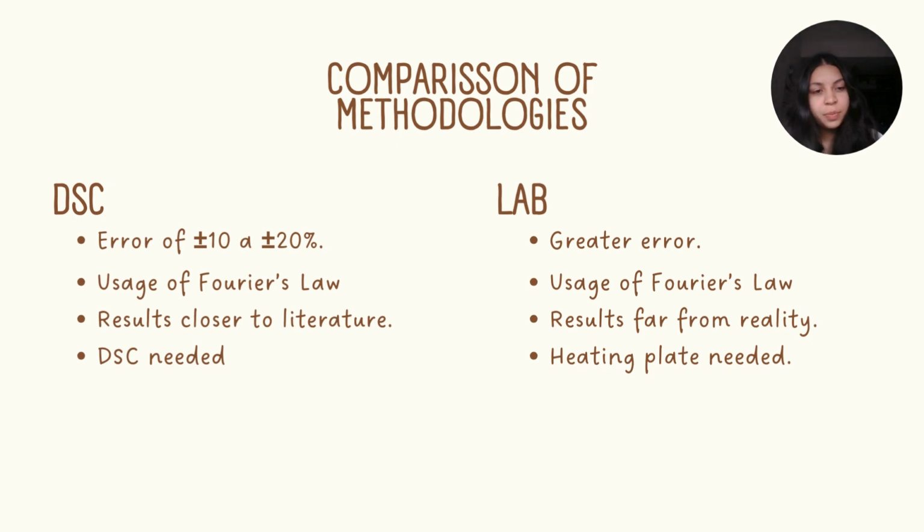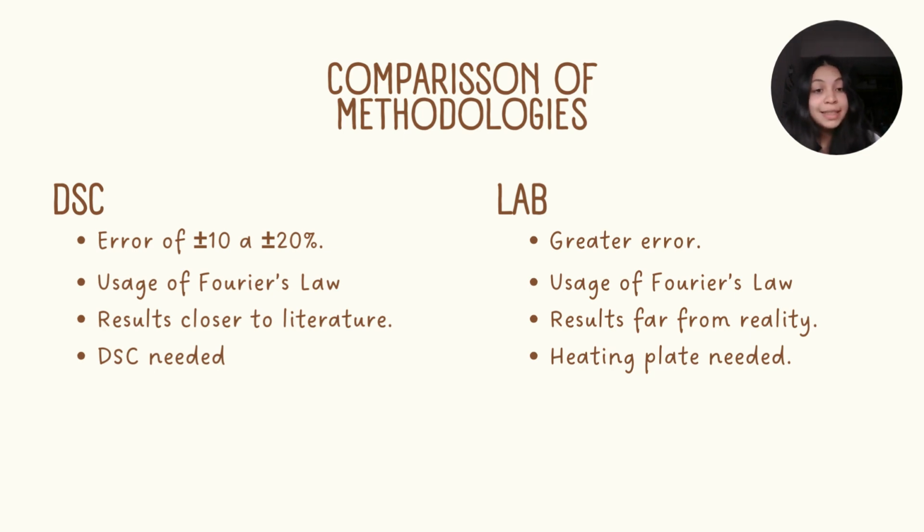When the methodology proposed by our group and the one made in the lab are compared, we can find that there's a greater error in the results with the lab methodology because there were some complications taking the temperature every 30 seconds and trying to stay still using the thermometer.